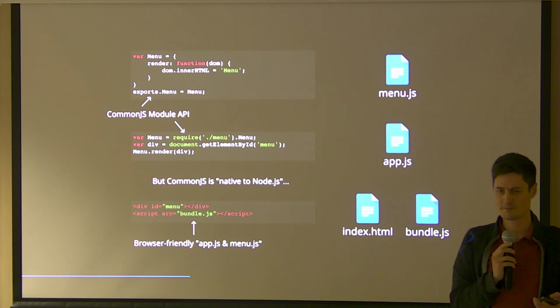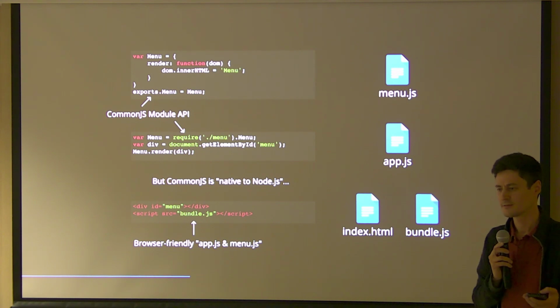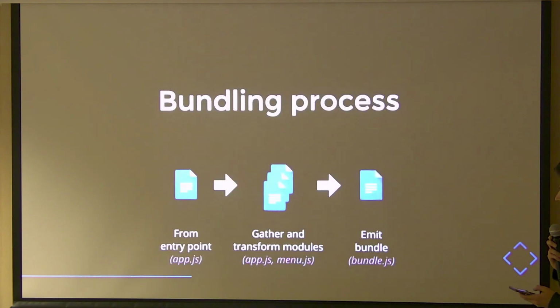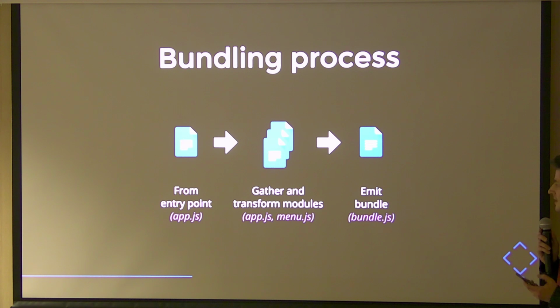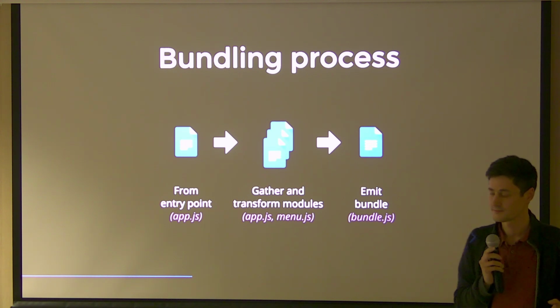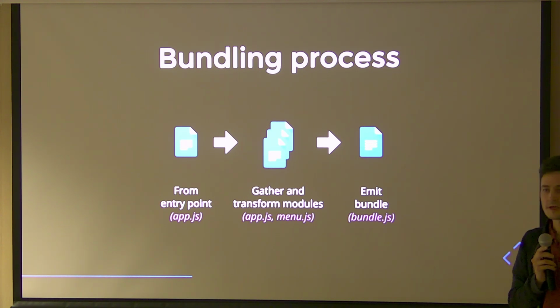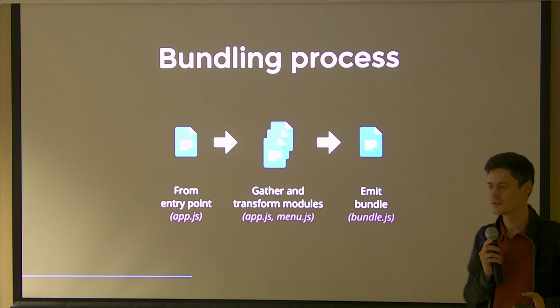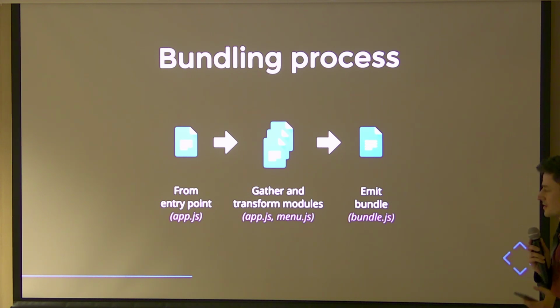That was really the beginning of the real way to make applications. I want to reiterate that. The bundling process is taking an entry point, climbing all the requires of the code, gathering all the modules, transforming them, and emitting a bundle.